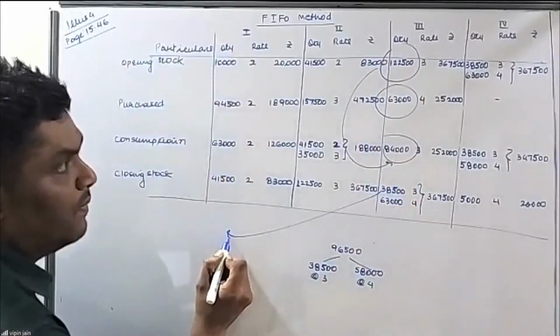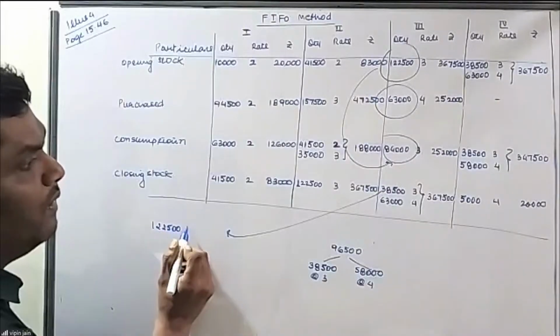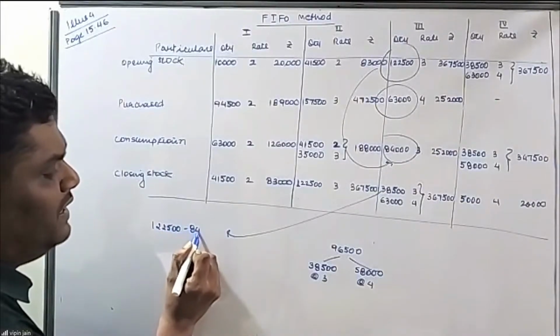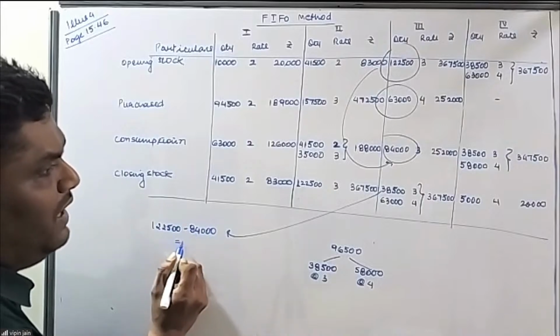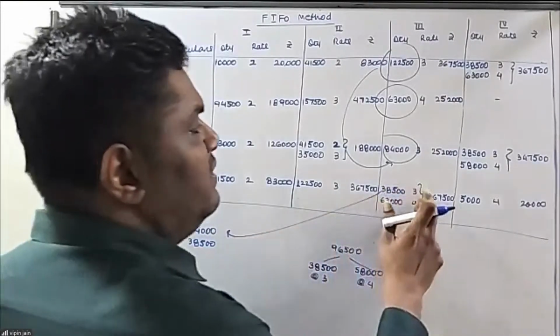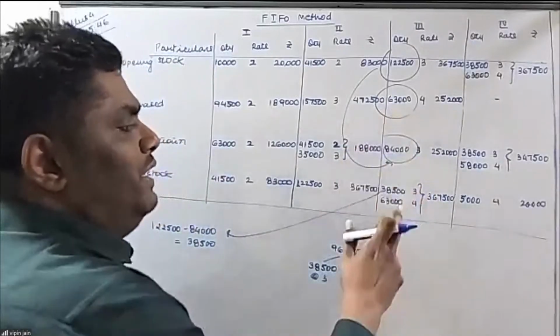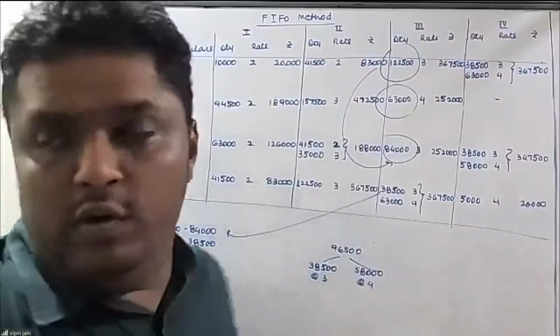So still we are left with 38,500 kgs at the rate 3. And this 63,000, nothing is utilized. So 63,000 into 4.